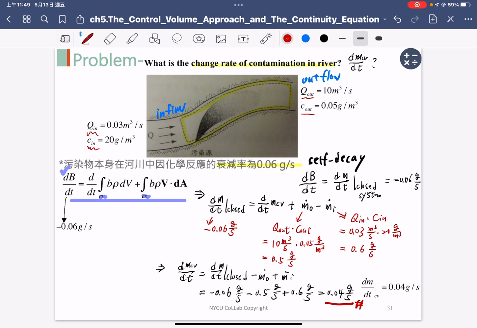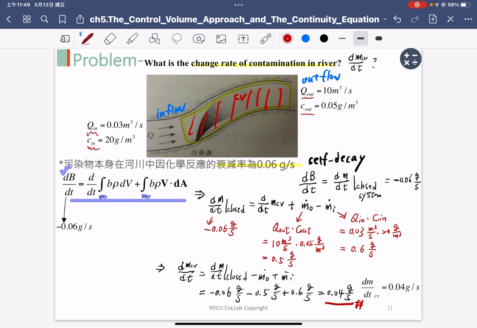Okay, so again, the most important thing in the question is that you need to identify which items you already know and what the unknown parameters are. For this exercise, the unknown parameter is the mass change rate in the river channel. The river channel right now is our control volume system. The red color region is our control volume, and the yellow line is our control surface.